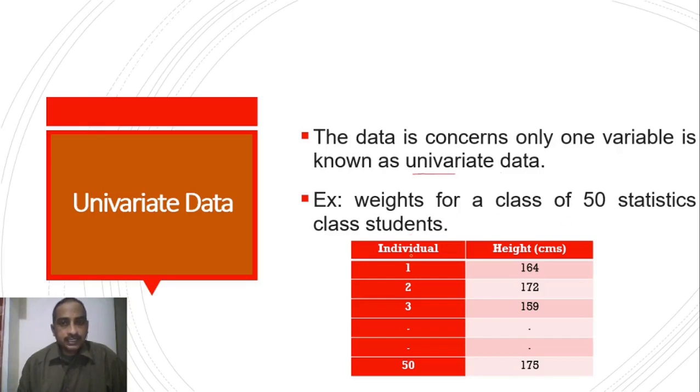We can arrange them: the first individual's height is 164 centimeters, the second individual 172 centimeters, the third individual 159 centimeters, and similarly the last, the 50th individual, is 175. If you represent the data like this, it is univariate data.